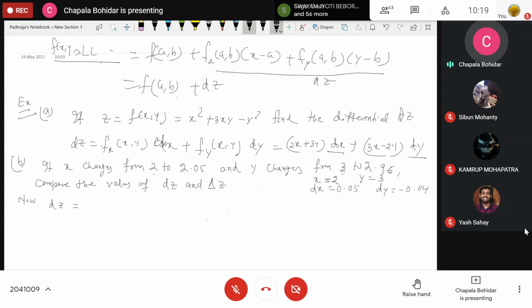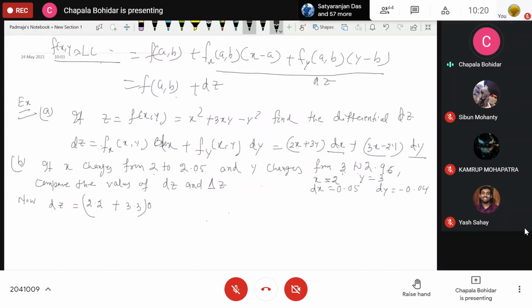So dz is equal to, by substituting the value x is 2, 2 into 2 plus 3 into 3, then your value del x is dx is 0.05.